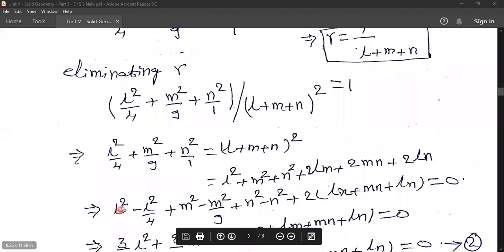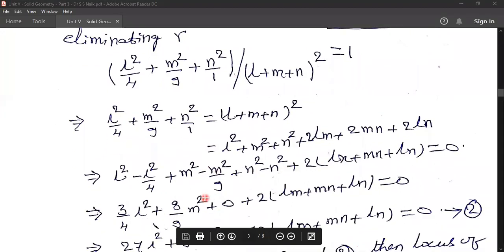Take this l squared on this side, and l squared upon 4 plus m squared upon 9 plus n squared upon 1 on the right hand side. Then what you get is l squared minus l squared upon 4, plus m squared minus m squared upon 9, plus n squared minus n squared, plus 2 times (lm + mn + ln).